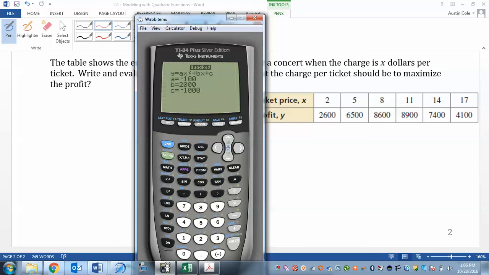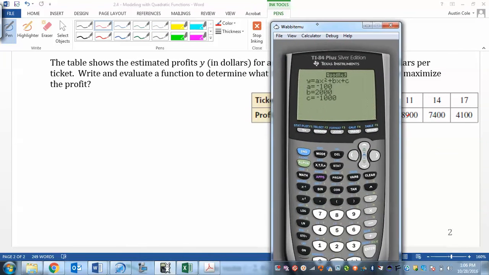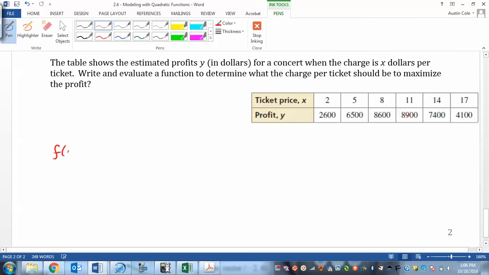Okay, now what does this mean? We're given our A, B, and our C values. So this function is, I'm going to have this go away, it's going to be f of x equals, what's our A value? Negative 100? Yes.